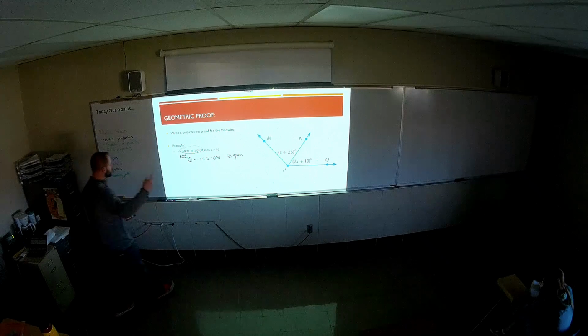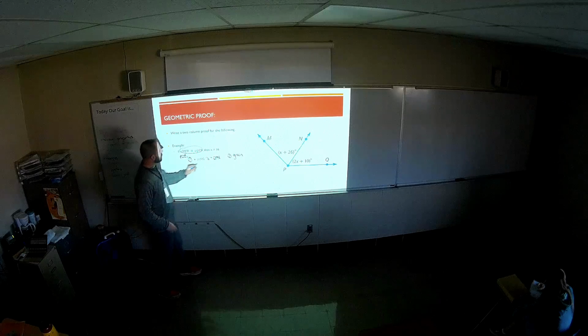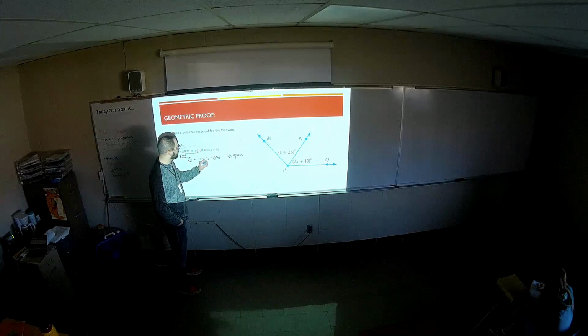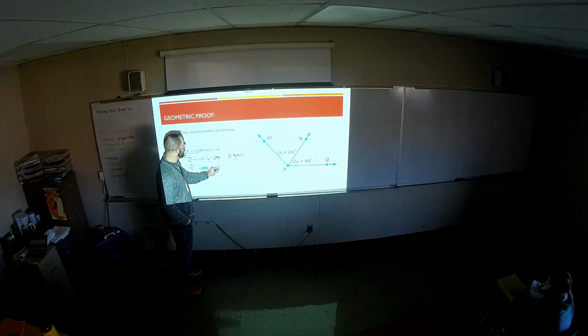Now, line 2 is a goofy line. This is one that a lot of people don't understand why we have to write. You have to define what congruent means. What does congruent mean in general? Yeah, equal to. That means the 2 angles, angle MPN, is equal to angle QPN.